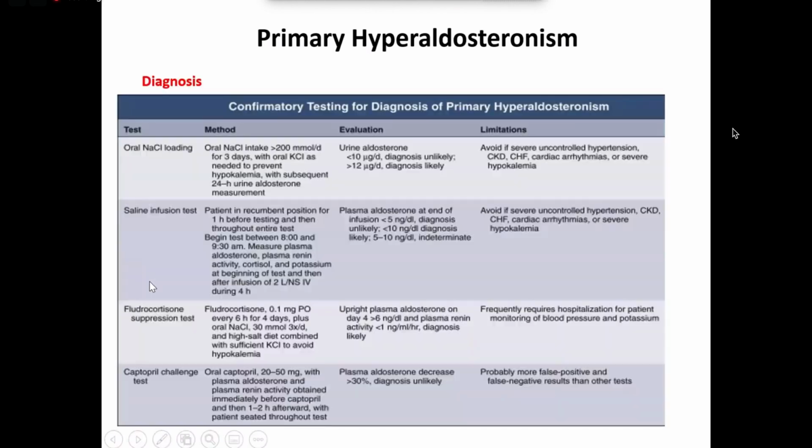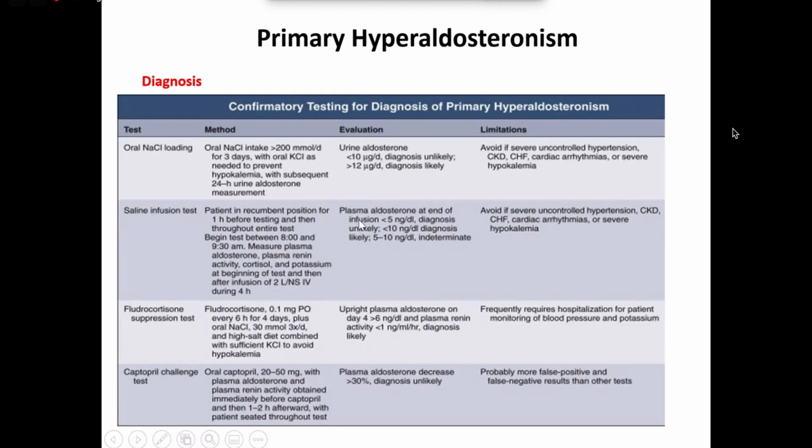Then we have the confirmatory test for primary hyperaldosteronism. There are many different confirmatory tests. The most common the endocrinologist usually orders is the saline infusion test. The patient will be given 2 liters of normal saline over 4 hours, and at the end of the test, they will measure the aldosterone level.